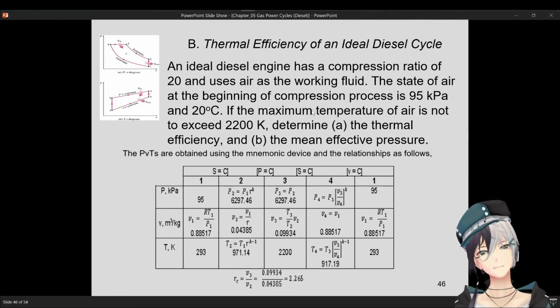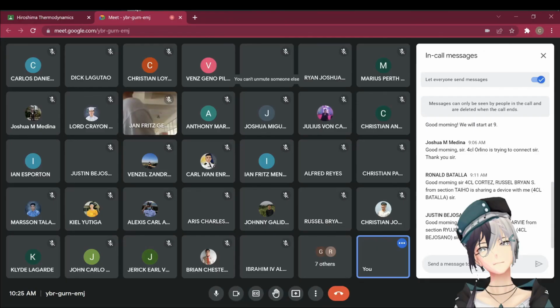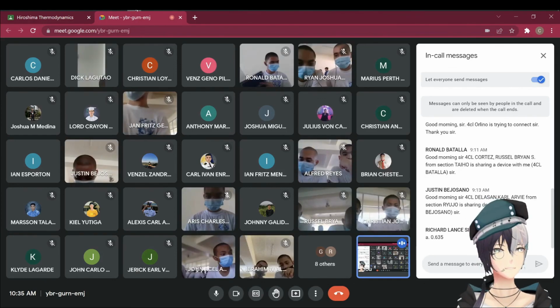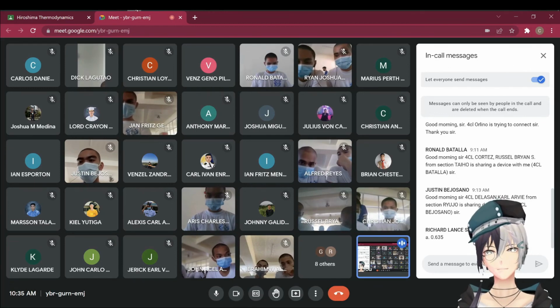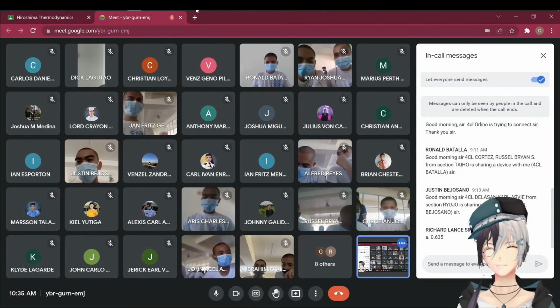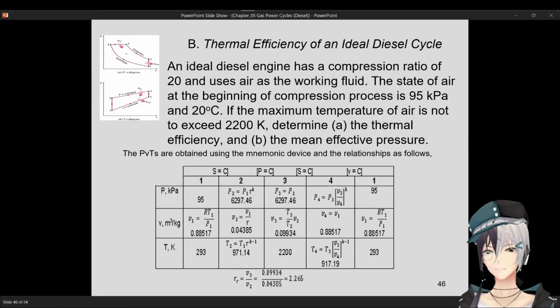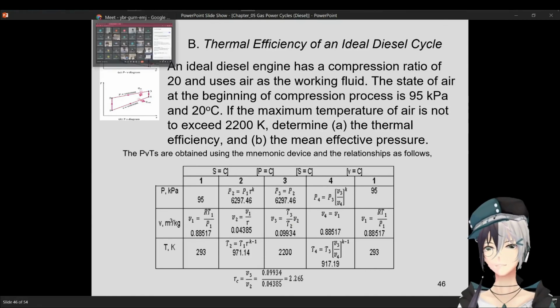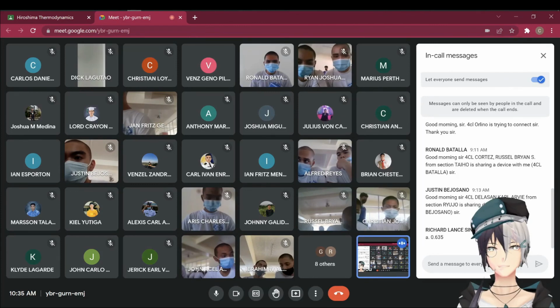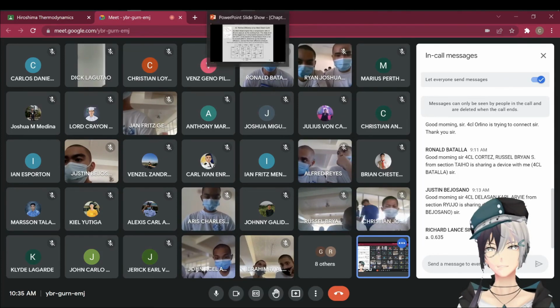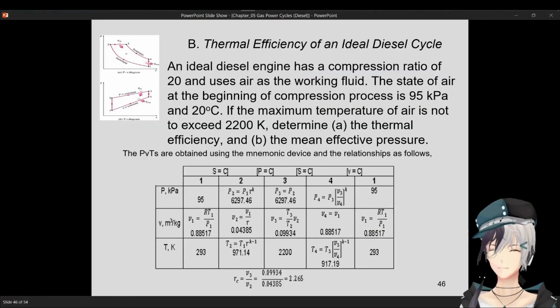A few moments later. Anyone who already has an answer? Not yet? No answer? Okay, so A is 0.635. That is the thermal efficiency. The thermal efficiency is 63.5%. Let's see. How about the other?